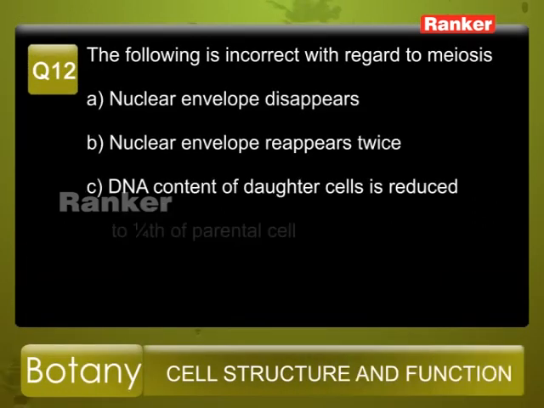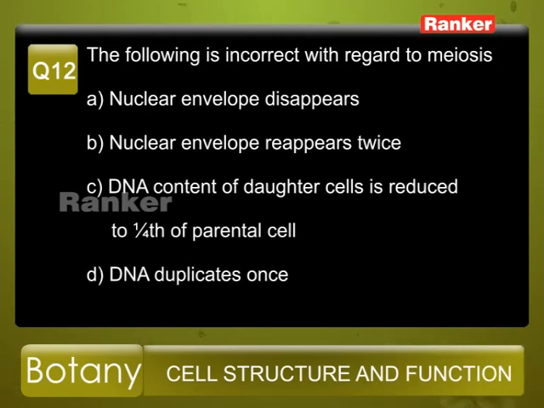Question number 12. The following is incorrect with regard to meiosis. The given options are: A. Nuclear envelope disappears, B. Nuclear envelope reappears twice, C. DNA content of daughter cells is reduced to 1/4 of parental cell, and D. DNA duplicates once.